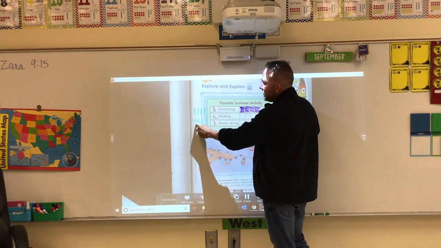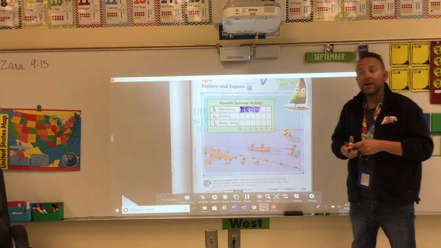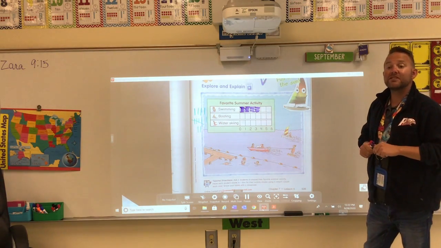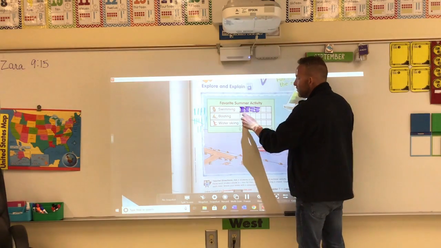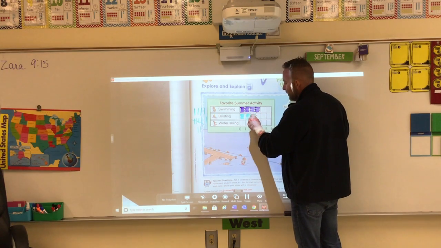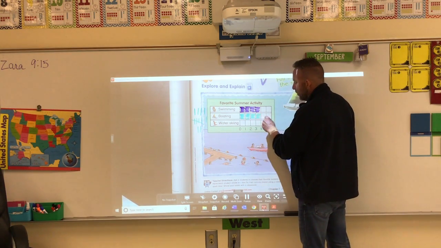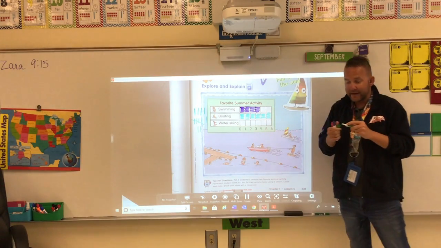I see I have 1, 2, 3, 4, 5, 6 people that liked boating. So I need to color in 6 squares to represent my bar graph. So here we go. 1, 2, 3, 4, 5, 6, right?